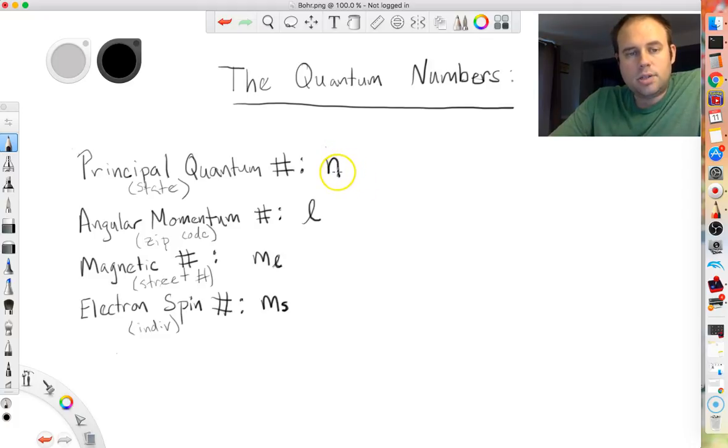So the principal quantum number is the state that you're in terms of your quantum level. So remember, if you saw the Bohr's atom video, and I would suggest you go back and view that if you haven't seen that yet, we talked about when we were looking at electron energy levels, we said n equals 1, n equals 2. It's your principal quantum level, or what shell, valence shell, are we currently in and working with.